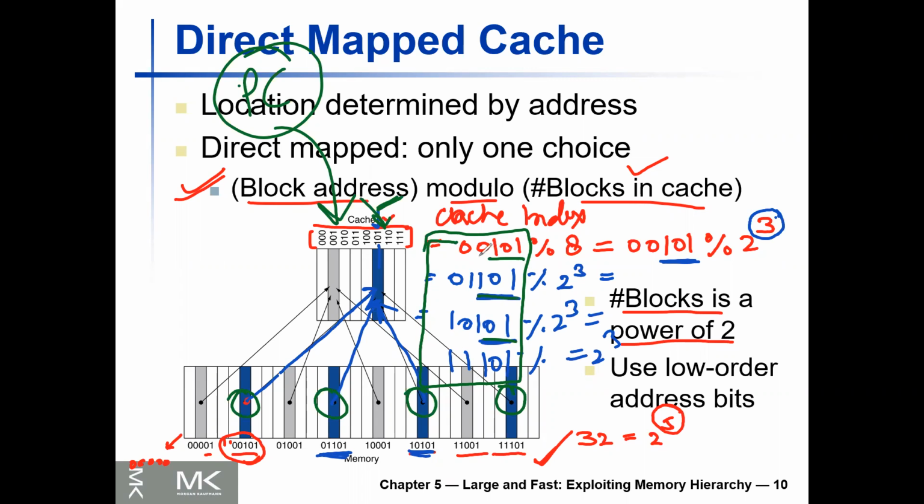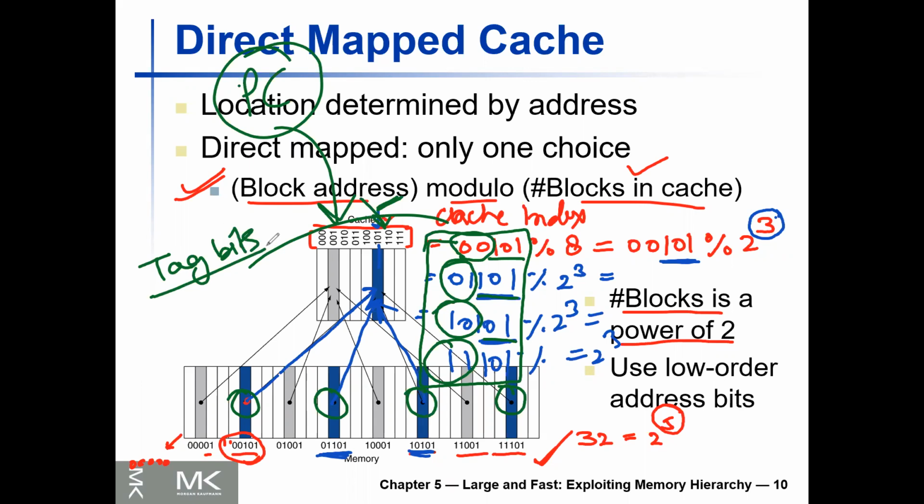The remaining bits, just focus here, 0 0 0 1 1 0 1 1, are called tag bits.